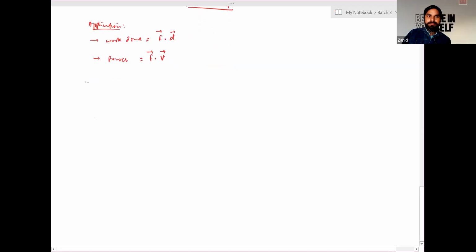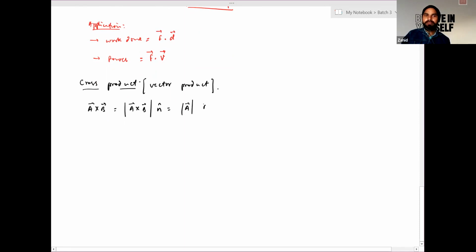Now, next term is cross product, which is also called vector product, for which A cross B equals |A||B| sin theta n cap.